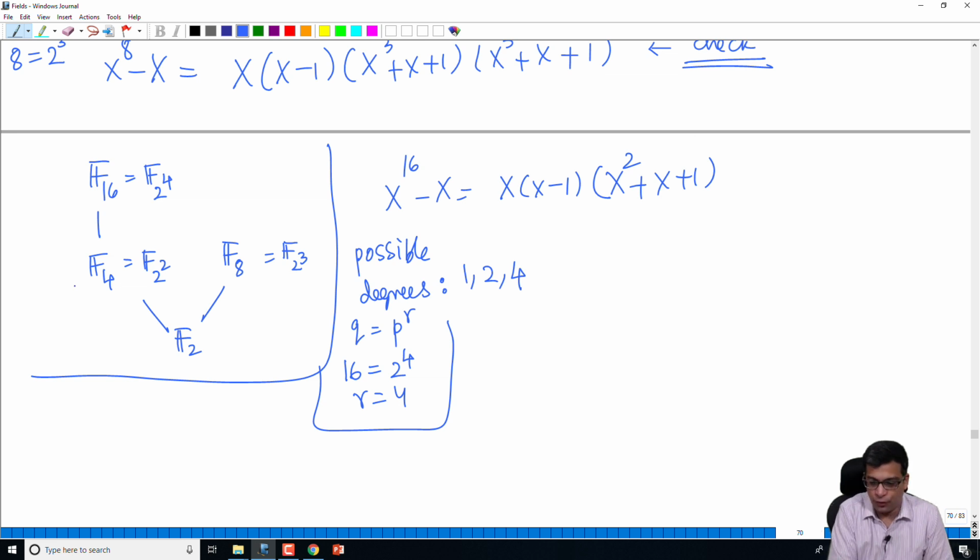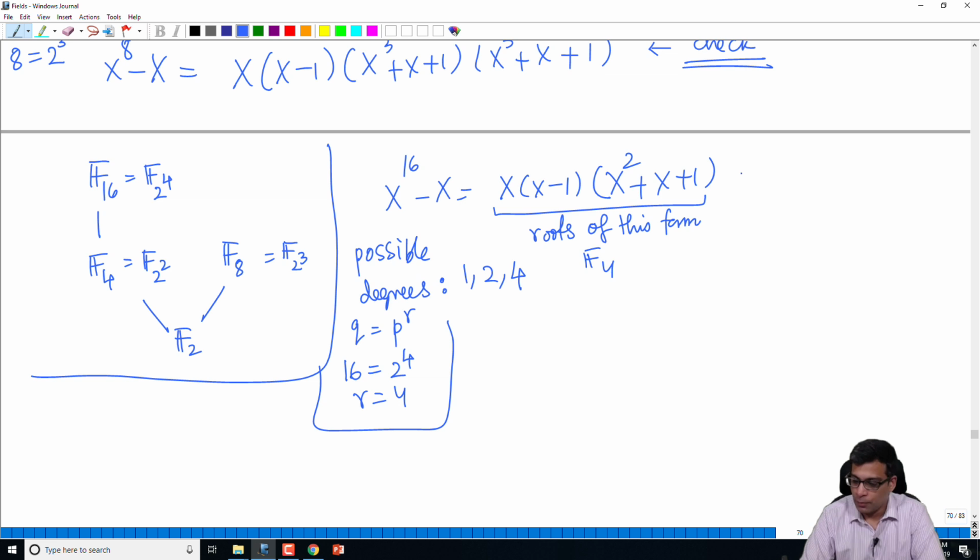Remember that captures F4. The roots of these, so far what I have written, of this form the F4 that's contained in F16. But then you will have some other terms, and those other terms will be all degree 4, because it cannot be degree 3, there is only degree 1, degree 2, so the remaining things are all degree 4.